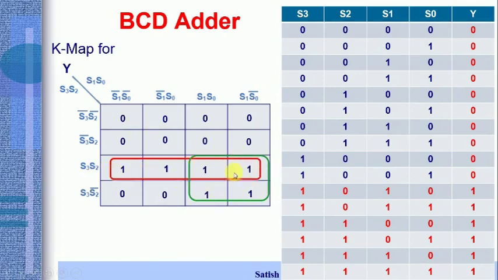For the green group, S3 is constant but S2 is changing, so we neglect S2. And in this column, S1 is constant and S0 is changing, so we neglect S0. So S3 S1 is the expression for the green group. Thus Y is equal to S3 S2 plus S3 S1, and this is the expression we got for the combinational circuit we want to design.